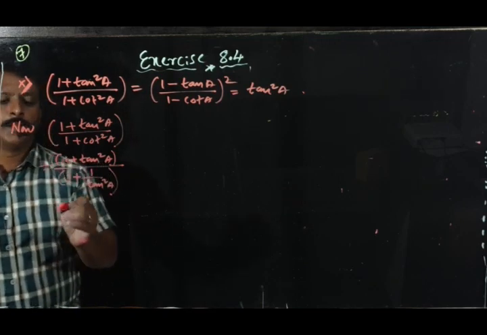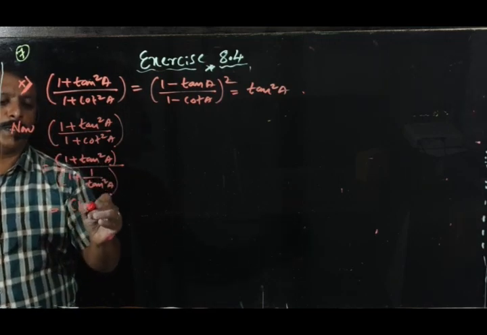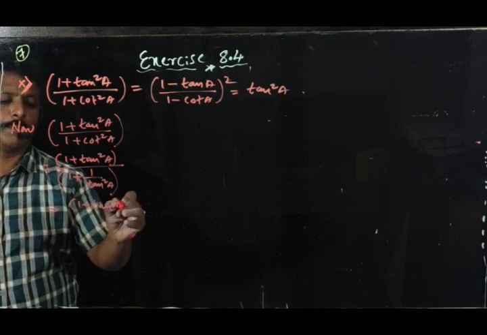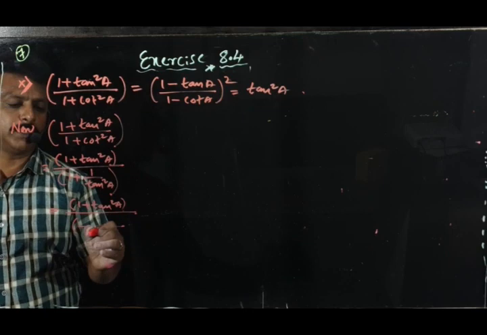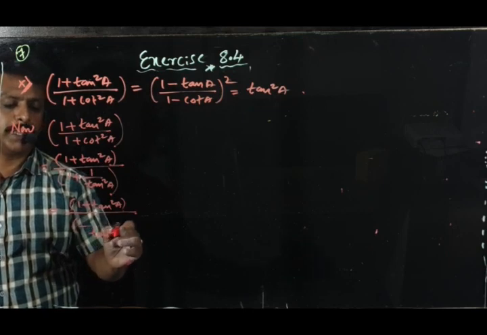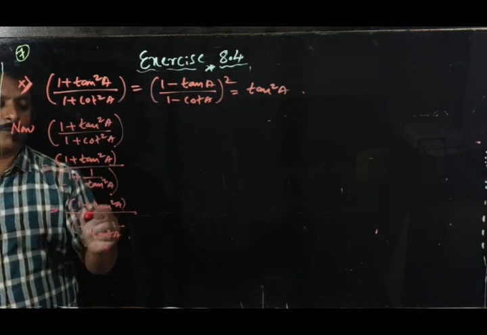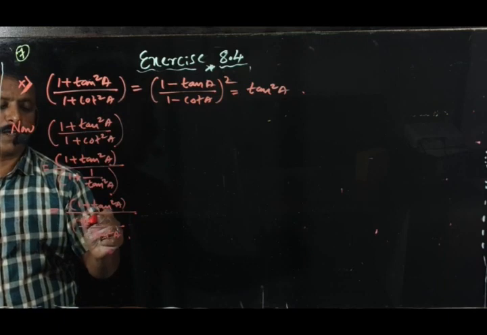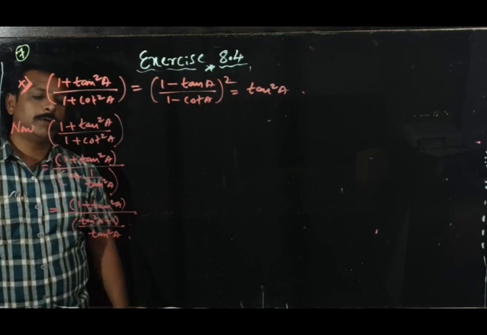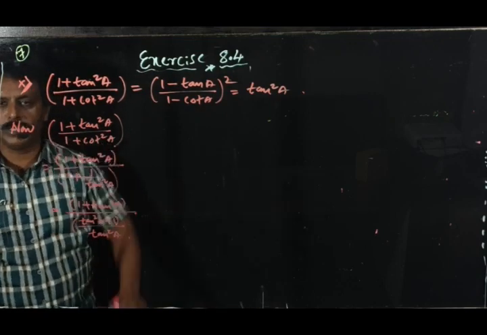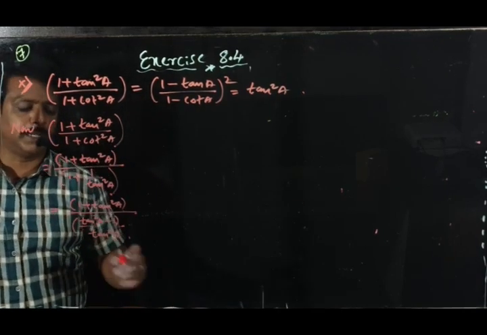Right? Next, don't disturb the numerator part. Numerator part is as it is. Denominator part, take the LCM. Then what will you get? Tan square A plus 1. I told you, whenever you take the reciprocal of the denominator fraction, it becomes multiplication.